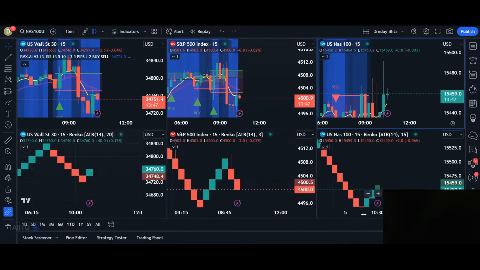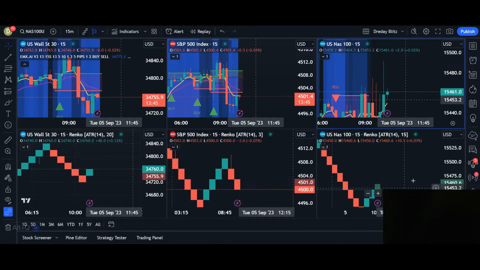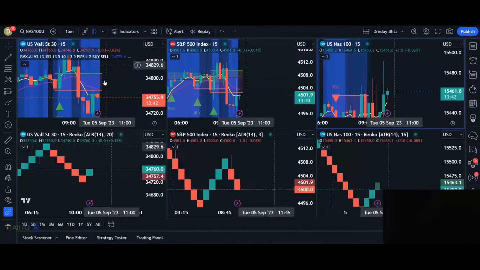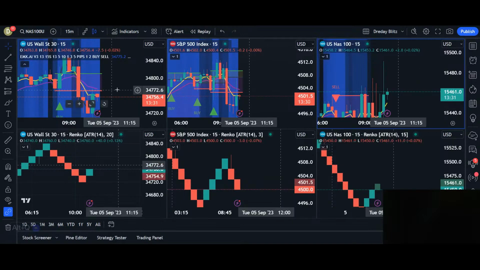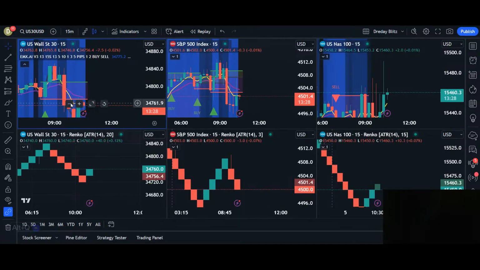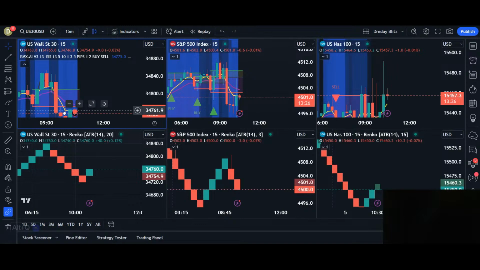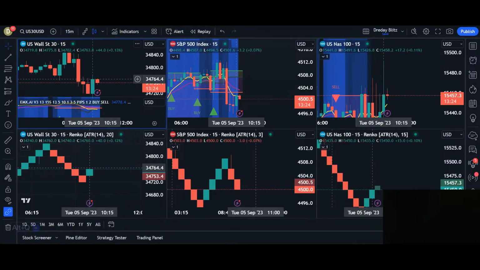But for now, we're not seeing a reversal on the Renkos. And for US 30, it's starting to reverse. So we'll see how it goes. But as you can see, there's a lot of movement.